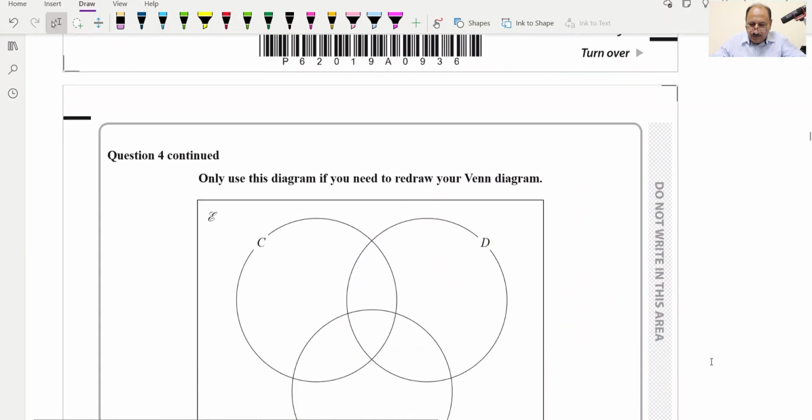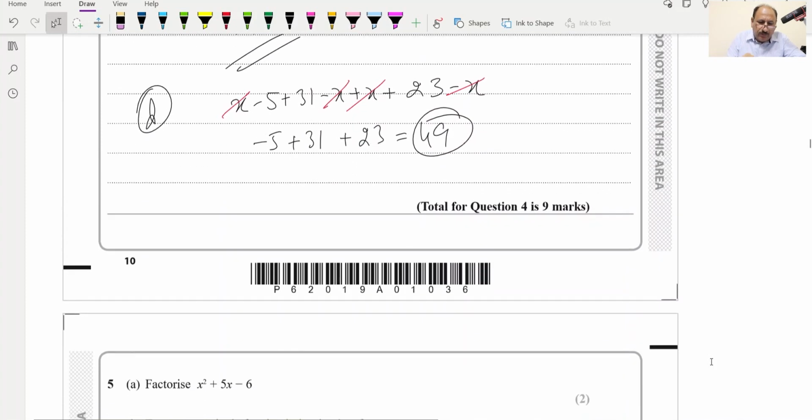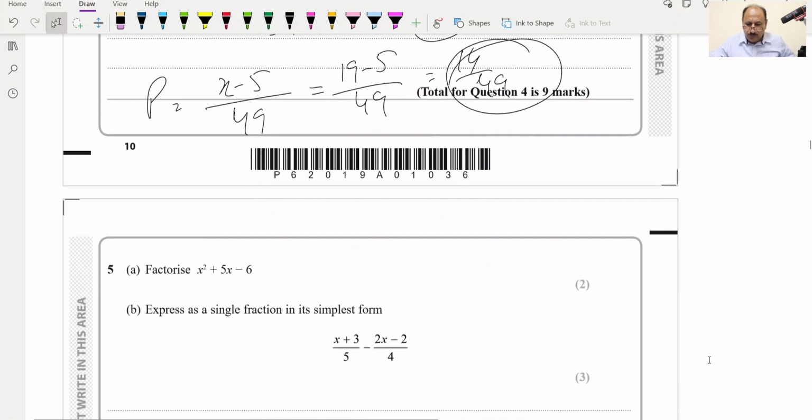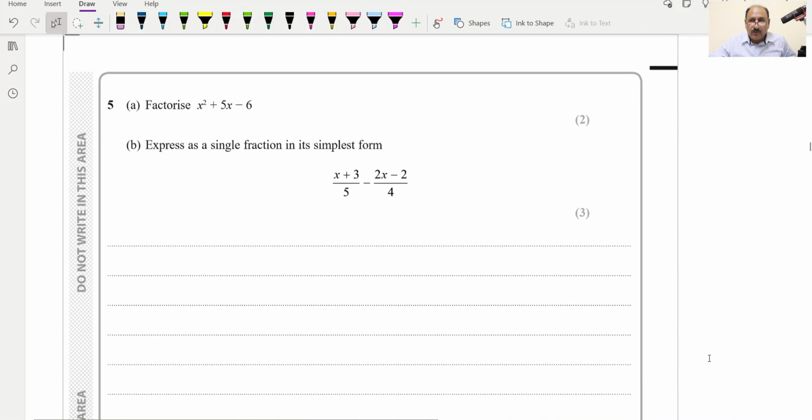Out of 49 which we have calculated over here, the probability will be equal to x minus 5 over 49. So this will be 19 minus 5, because the x value is 19, so it will be 14 over 49. This will be our final answer for this question. Hopefully you understood this.